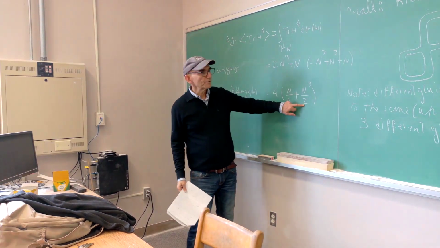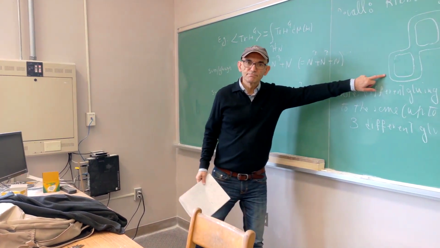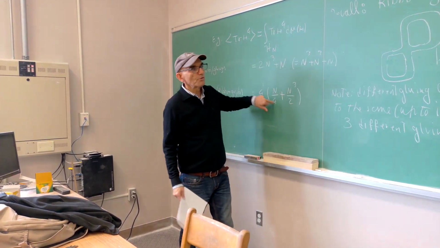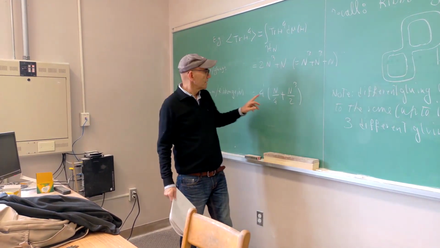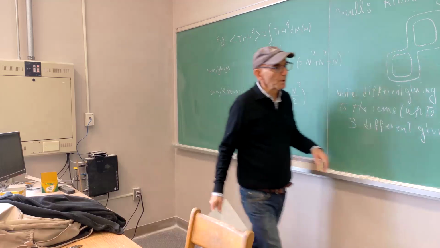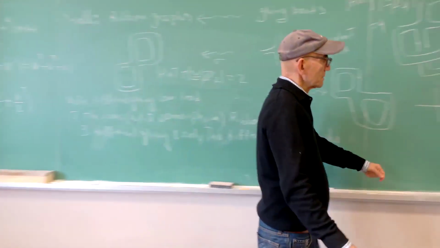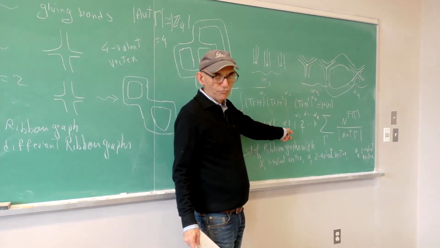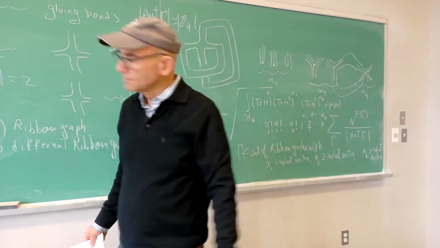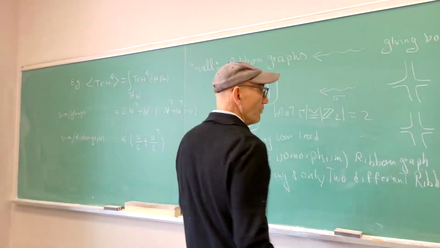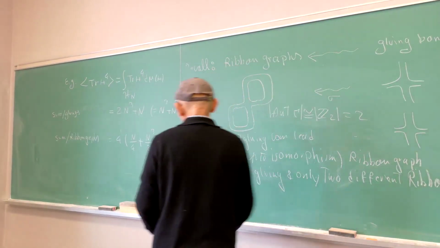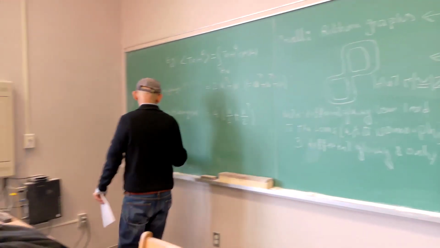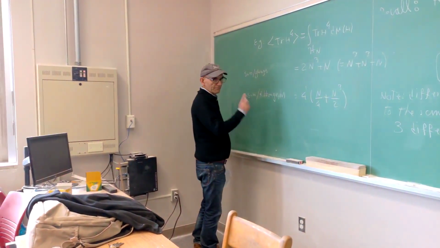This is the order of the automorphism group of this one. This is the order of the automorphism of the one on the right. And this is the factor that comes from outside. Because here we have alpha 4 equal to... no, alpha 4 is equal to 1. There's only one 4-valent vertex.